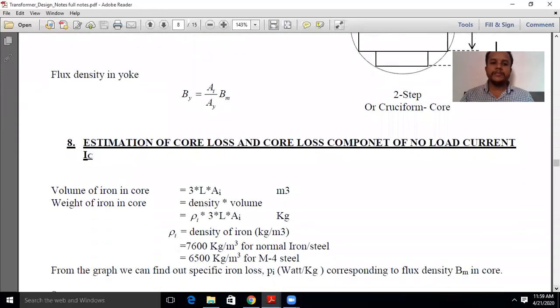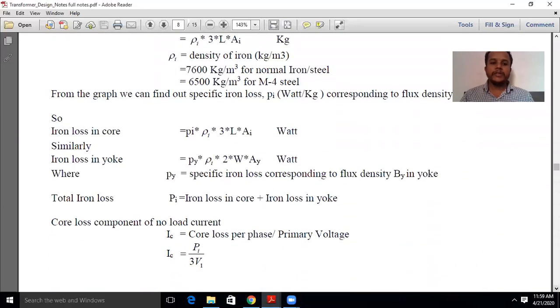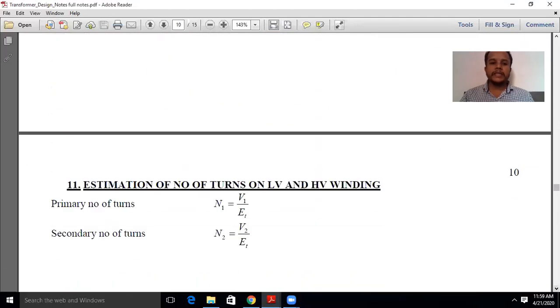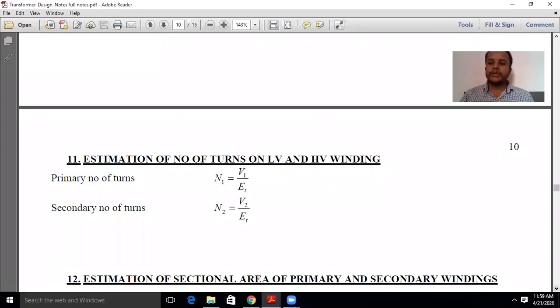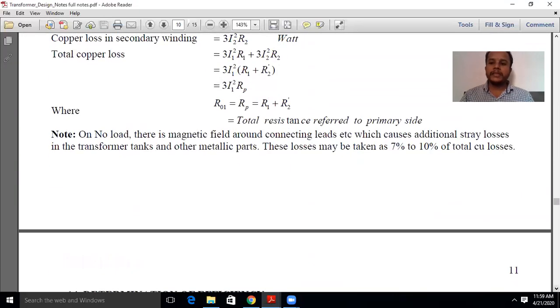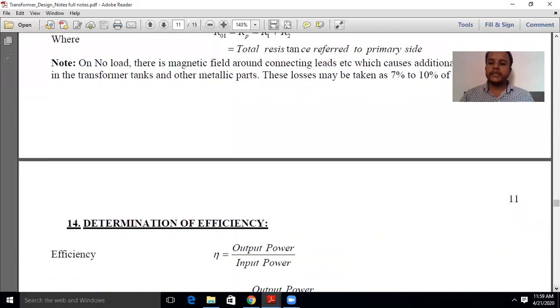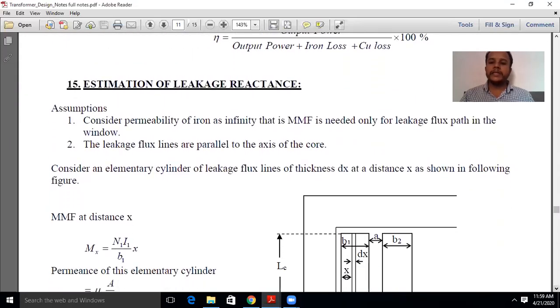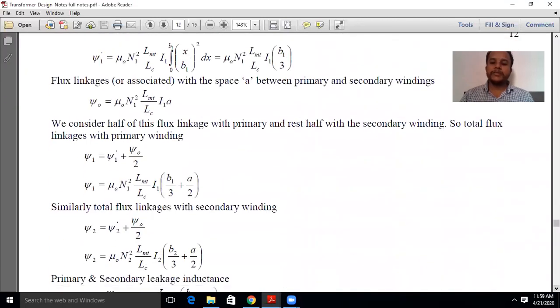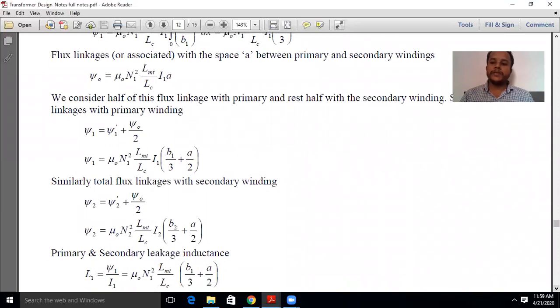Then we discussed the no load current equation and the expression for leakage reactance of a transformer. Then we studied voltage regulation, cooling tanks, and the expression for number of turns of the tubes, and so on. This is the discussion from the previous sessions.